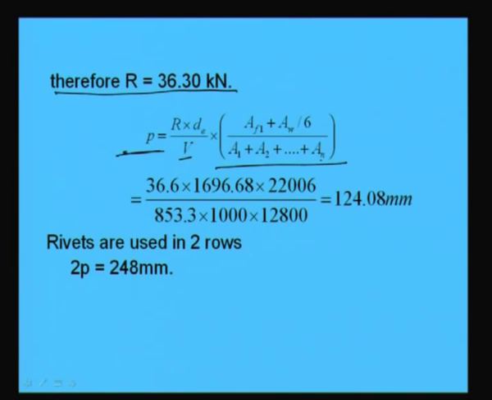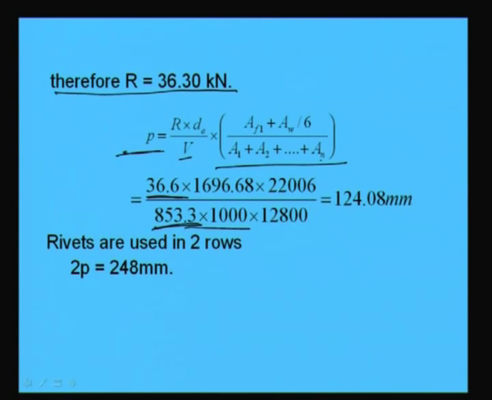So, the pitch we are going to find. If we put the values, say R means rivet value, that is 36.6, by V, we know the shear force, which has been calculated as 853.3 kilonewton.